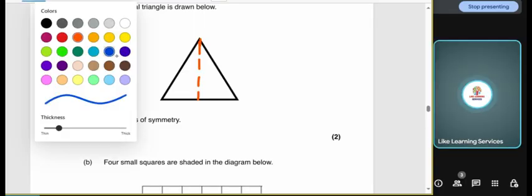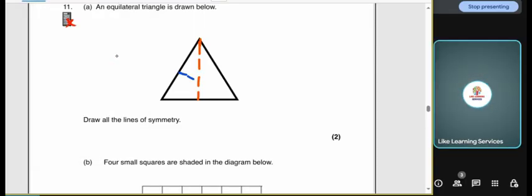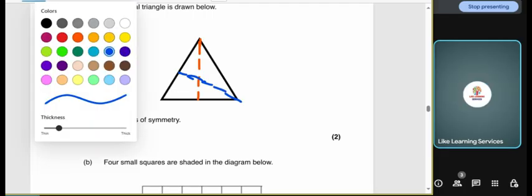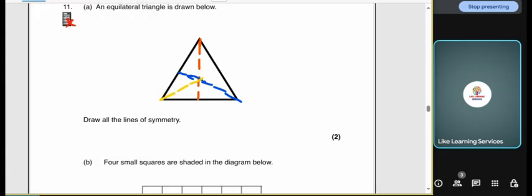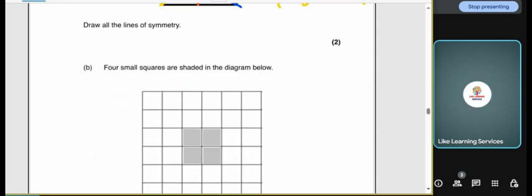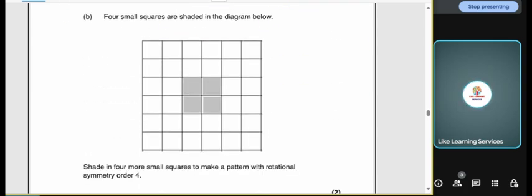You can fold that way, you can also fold this way, and you can also fold this way. So 3. And it also has order 3 rotational symmetry if it's an equilateral triangle.